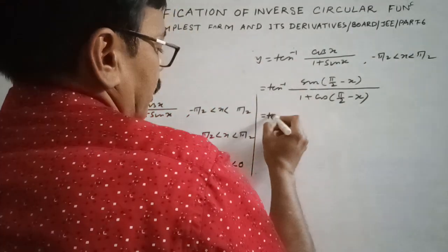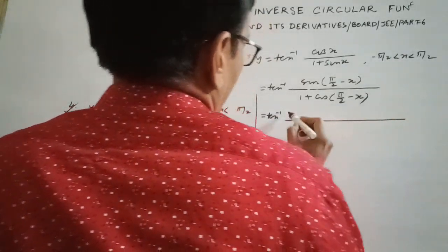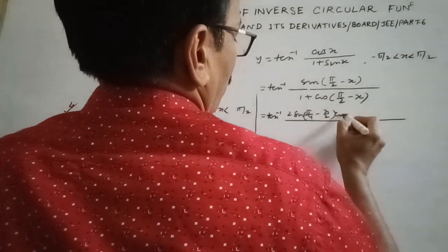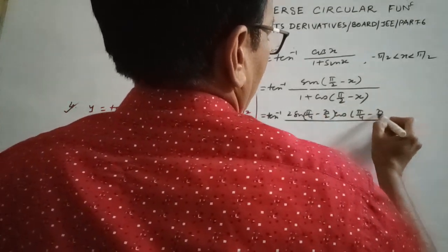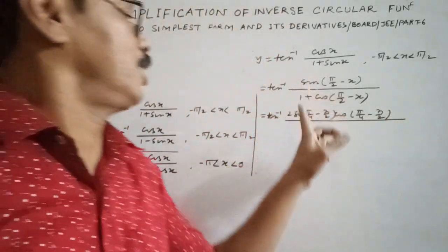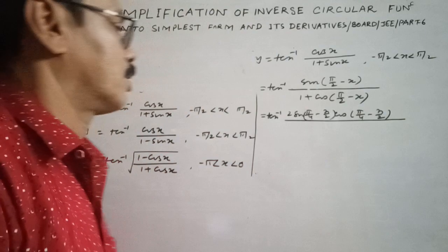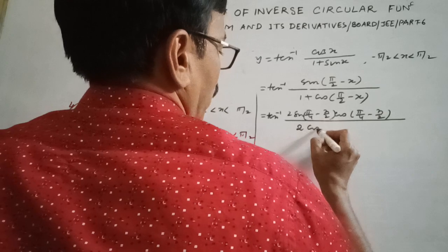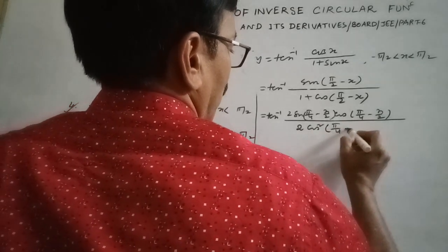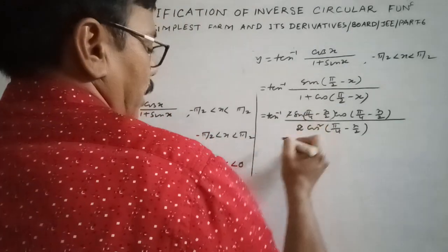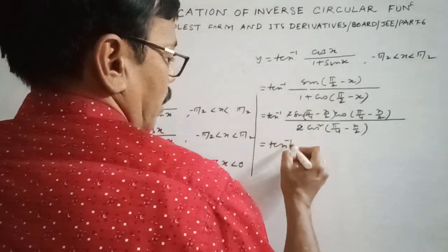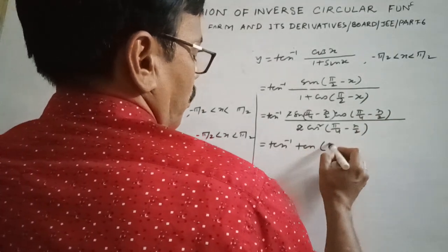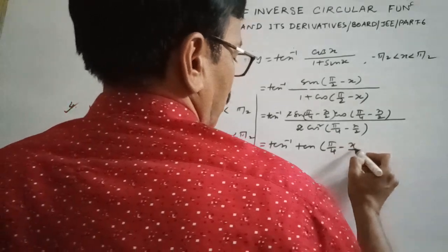So this one is tan inverse of 2 sin of (pi by 4 minus x by 2) cos of (pi by 4 minus x by 2) by 2 cos square of (pi by 4 minus x by 2). So 2 cancels, one cos is cancelled, and this is tan inverse tan of (pi by 4 minus x by 2).